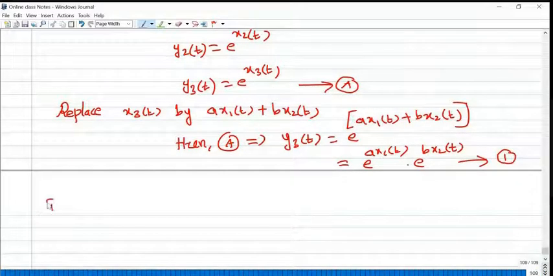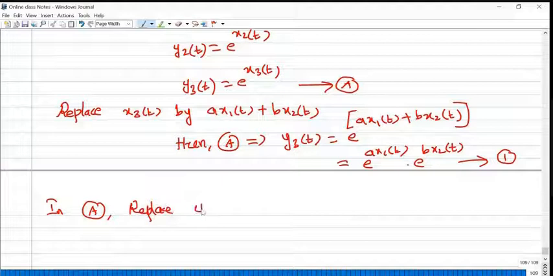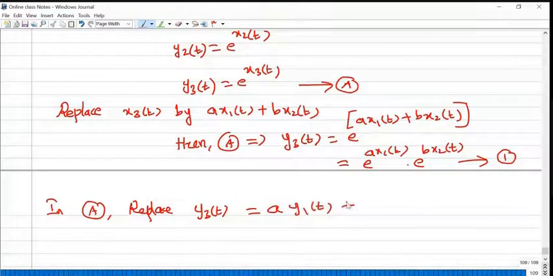Now, in the basic equation, replace y3 of t with a y1 of t plus b y2 of t as per the superposition principle.